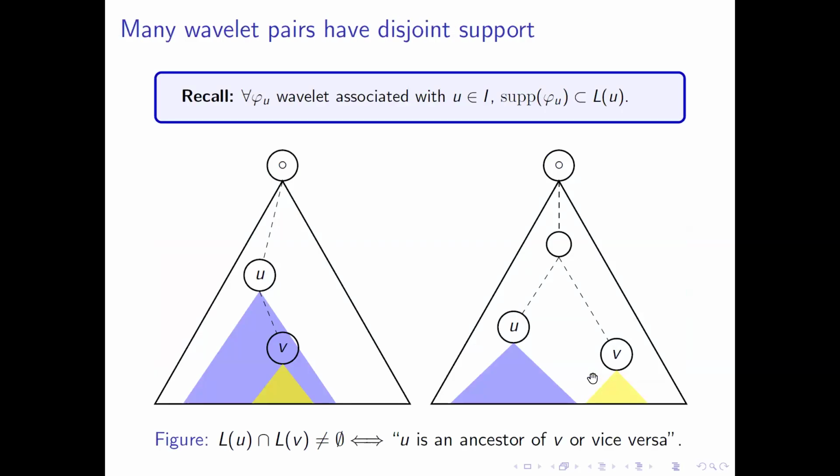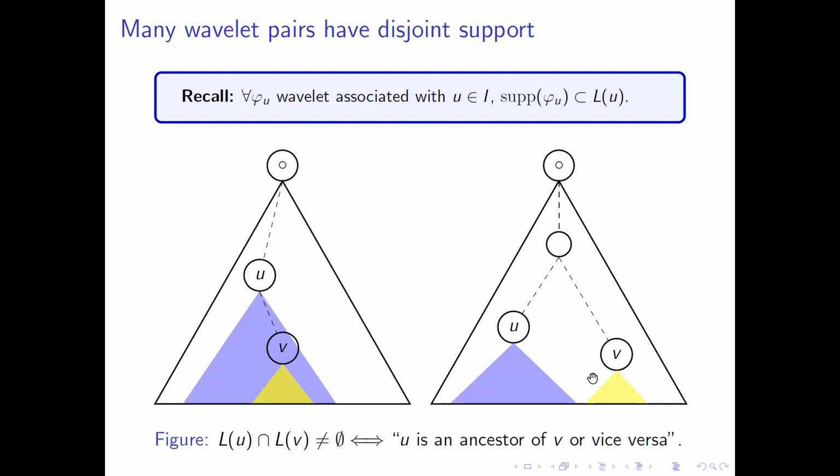So to get around this, we first want to notice that whenever you have two interior nodes and neither of them is an ancestor of the other, then necessarily the leaf sets are going to be disjoint, and so the wavelets associated with each of them are going to have disjoint supports, and we get a 0 entry for all of those respective coordinates in the matrix.